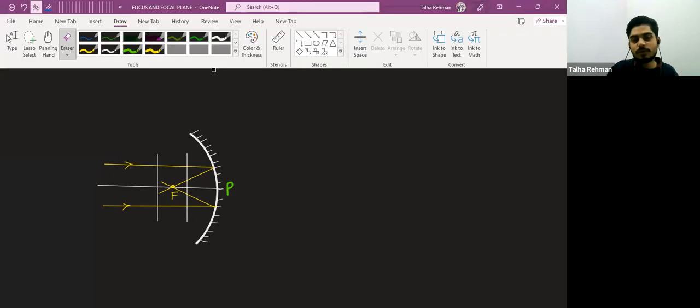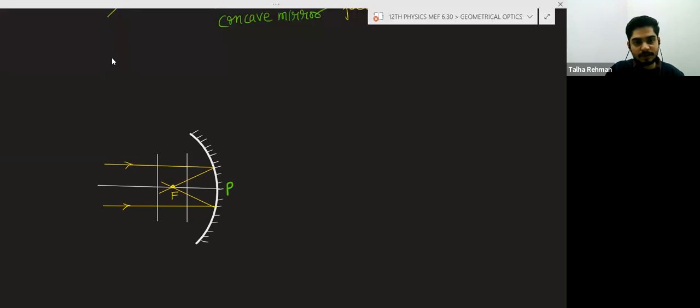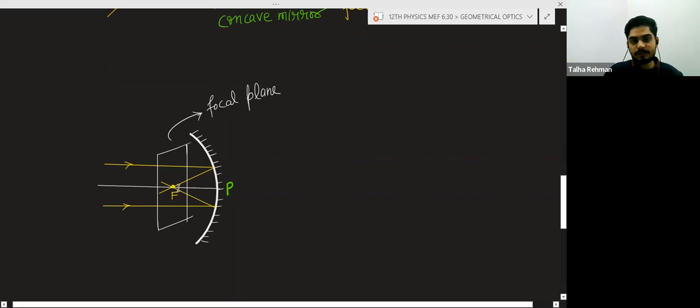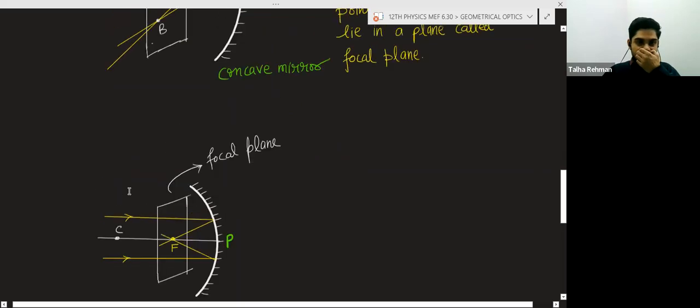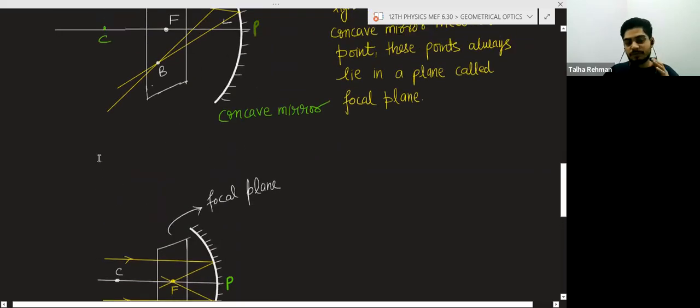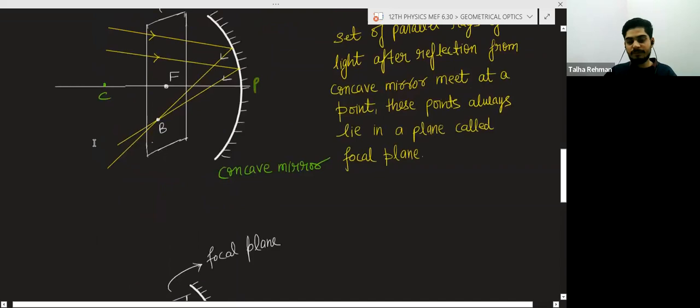Because these rays are also parallel rays, that is why these rays are meeting at a point on the focal plane. So basically this is the focal plane, and this is the pole, and this is the focus, and somewhere here will be the center of curvature. So this is the focal plane for a concave mirror.